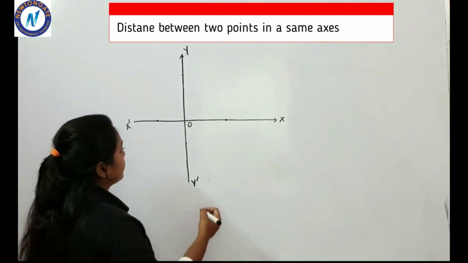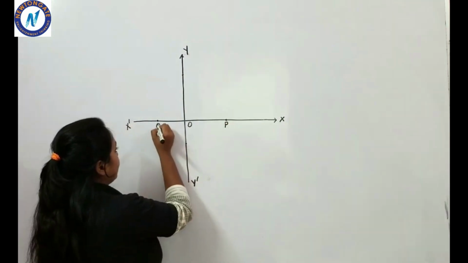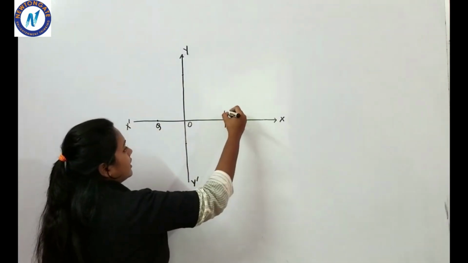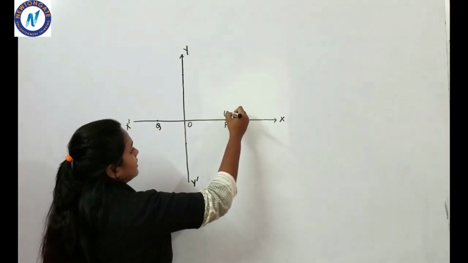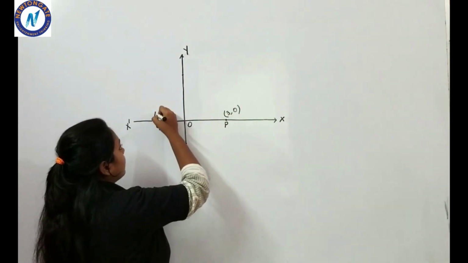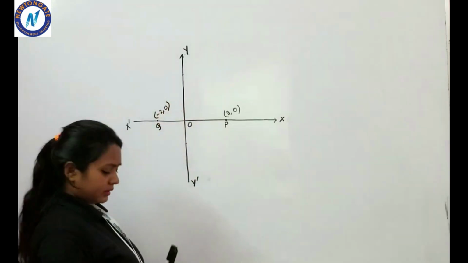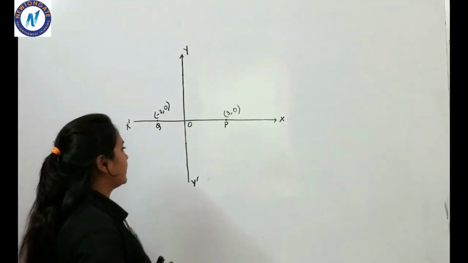Let's take an example. There is a point P and there is Q. The coordinates of P are (3, 0) and the coordinates of Q are (-2, 0). Then what will be the distance between these 2 points?